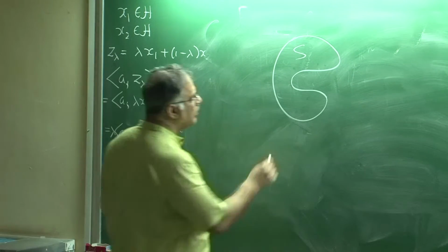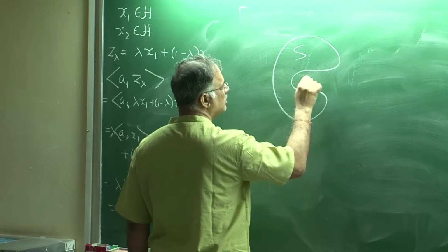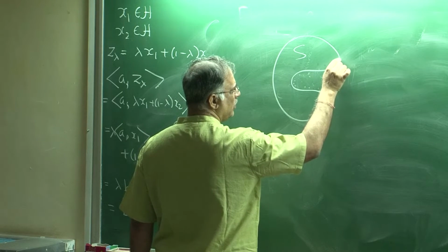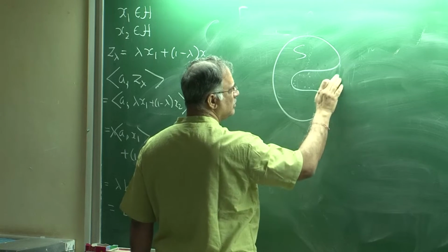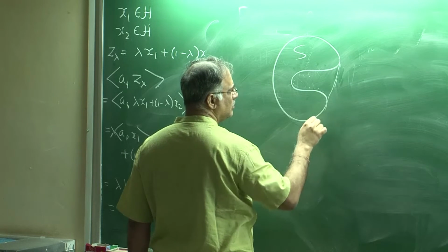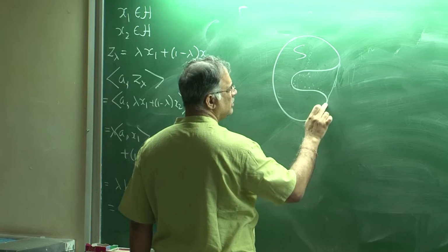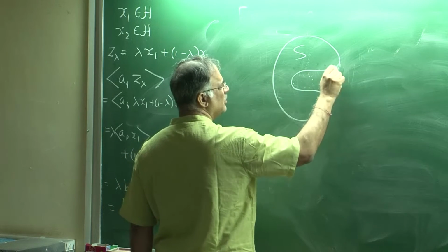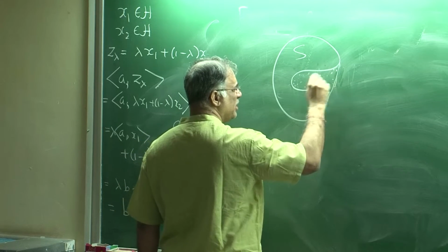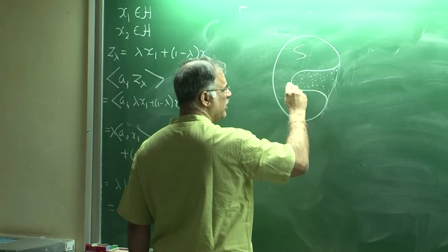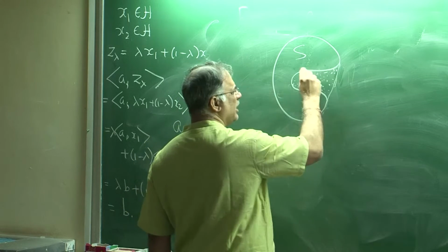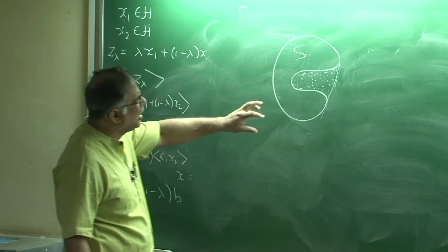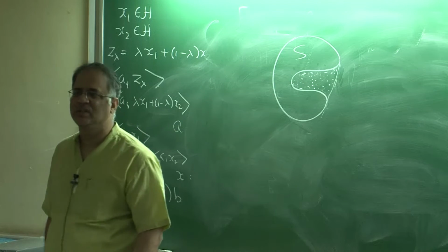So if I include these points in the set, basically tangentially, the points for which this set was becoming non-convex because they were lying outside, and you see, if I have added this part, the set has now become convex.